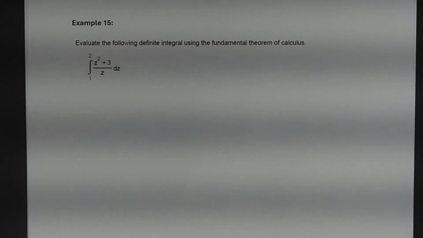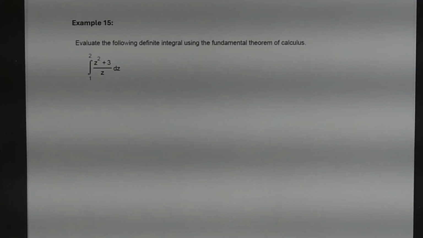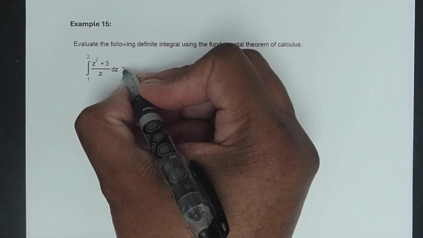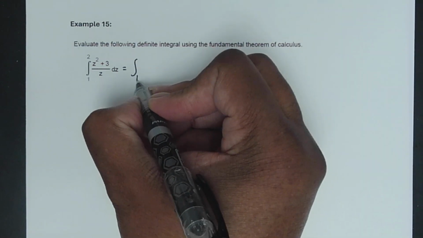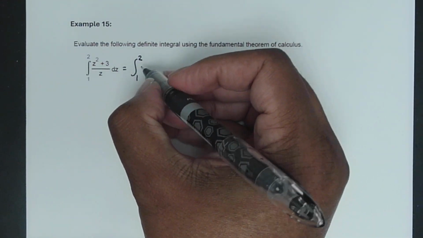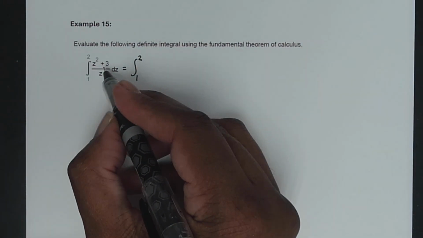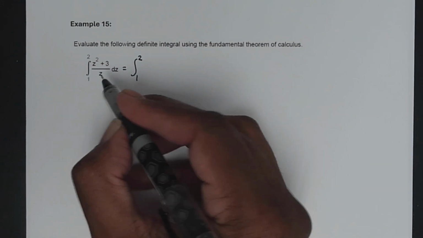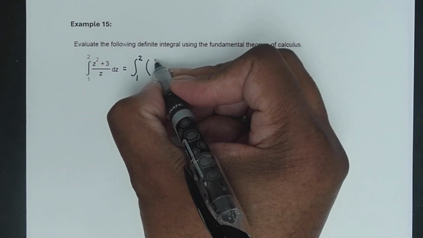Let's say I want to evaluate the following definite integral, again, using the fundamental theorem of calculus. Here I got the integral from 1 to 2 of z squared plus 3 over z dz. Well, let's do this. Bring down the integral from 1 to 2, and I'm going to divide each of these terms by this monomial of z, which I can do.